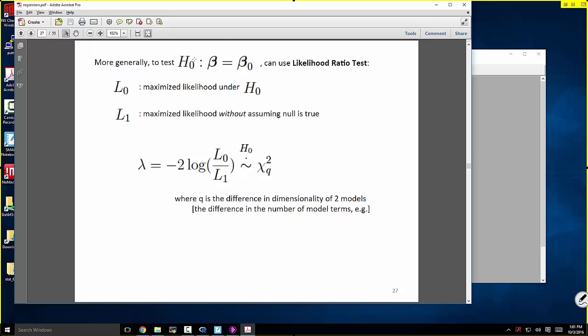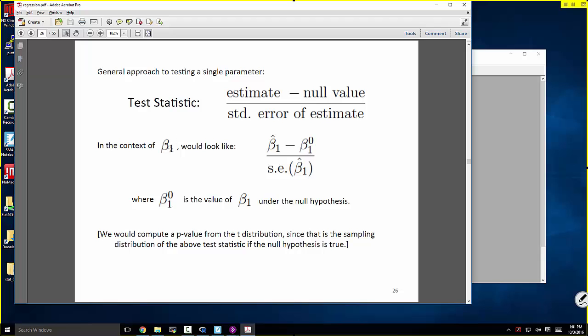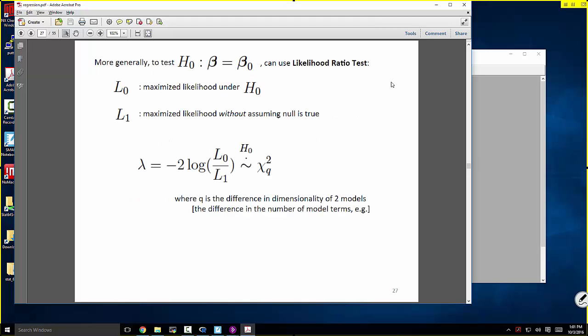When we have a more generic question in mind that can't be answered with a one-at-a-time statistic like this, we can use what's called a likelihood ratio test. You know what a likelihood is. It's a product of PMFs or PDFs. What we can do in terms of a test is compare two different models. We can compute the regression model that is the one we originally wrote down without making any restrictions about the null hypothesis being true.